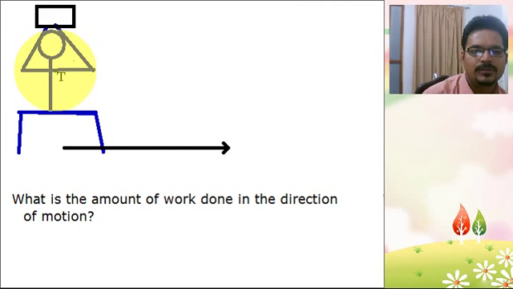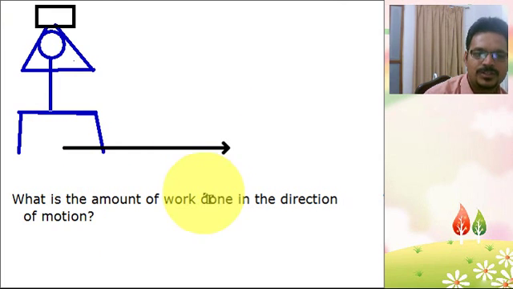Now see this example. There is a person, say a coolie, who has kept a suitcase or a box on his head and is walking in the forward direction, horizontally. Now the question is, what is the amount of work done in the direction of motion? The displacement is horizontal, as shown here, and the luggage on his head has weight acting downwards.